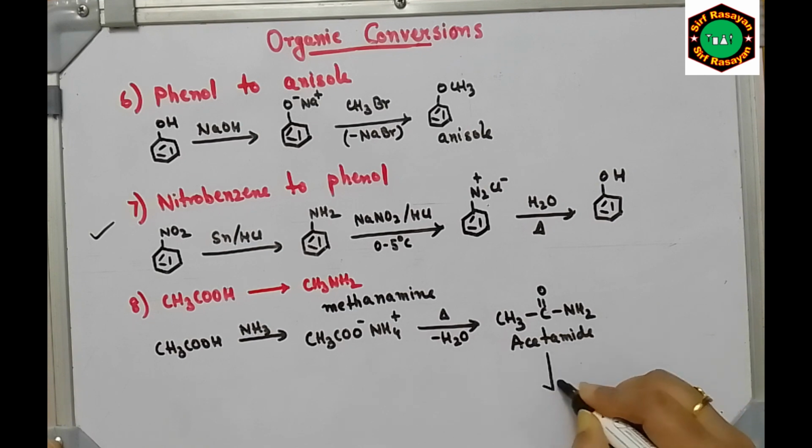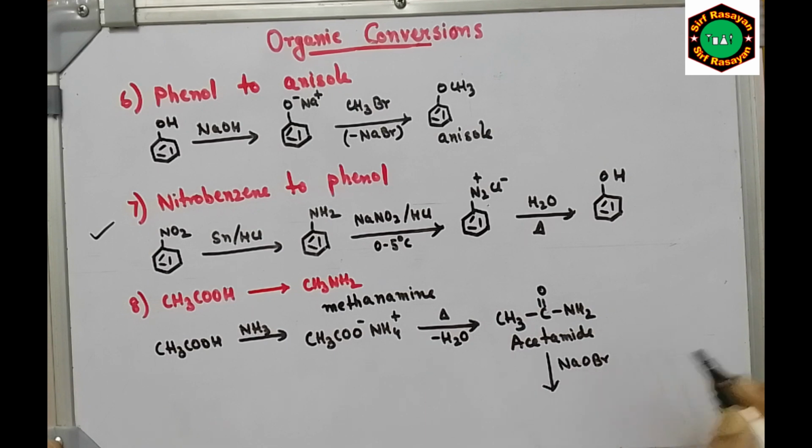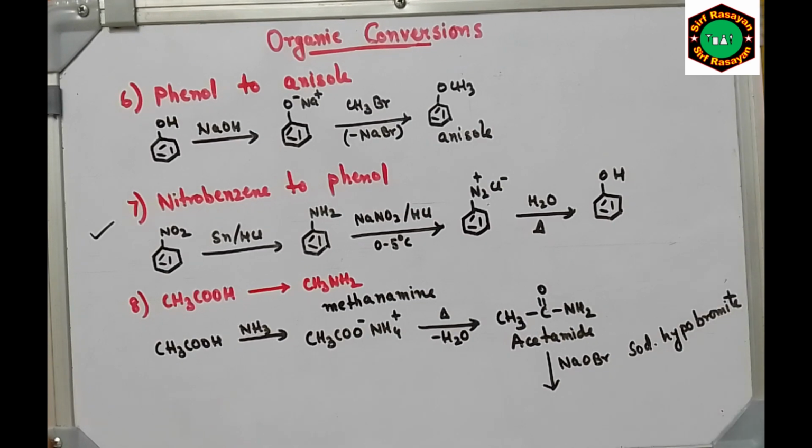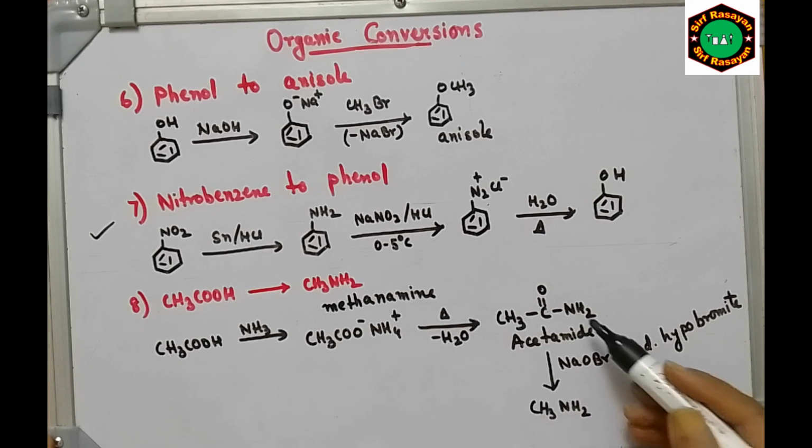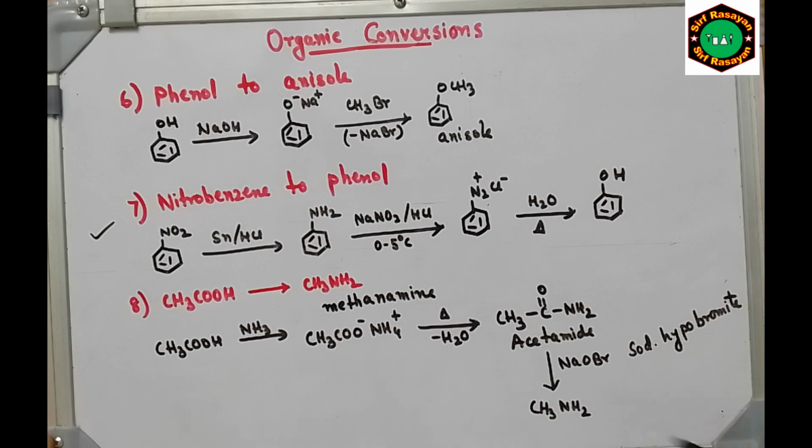Now if you treat this acetamide with sodium hypobromite, NaOBr, Hofmann-bromamide reaction will take place, and what you will get? CH3NH2. Stepping down will take place and you will get methanamine. So here stepping down reaction is taking place.